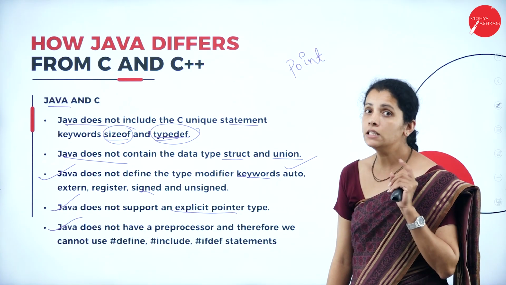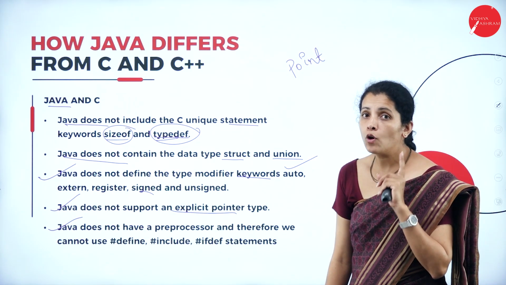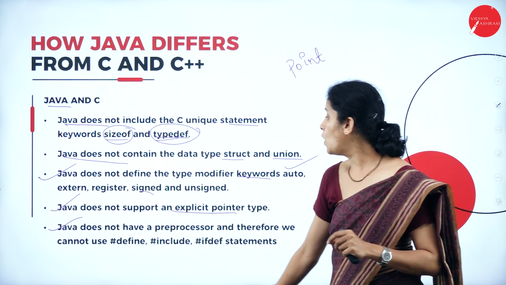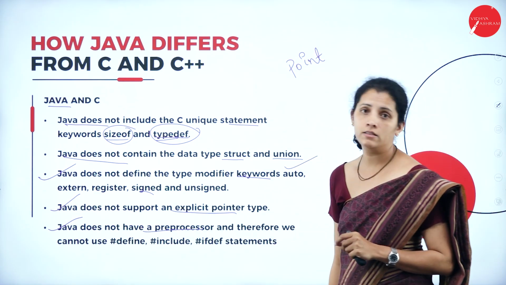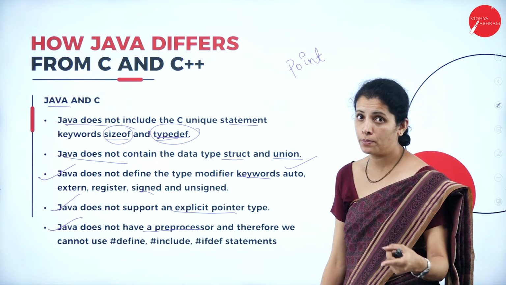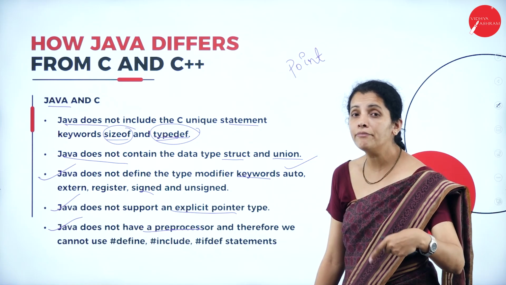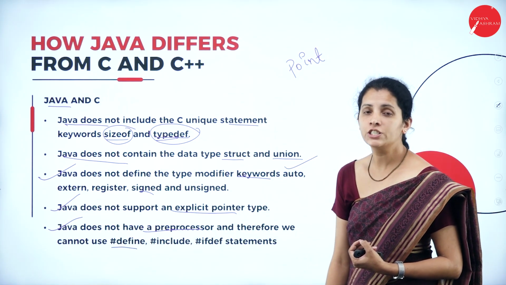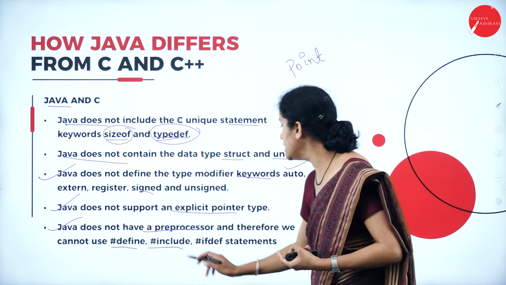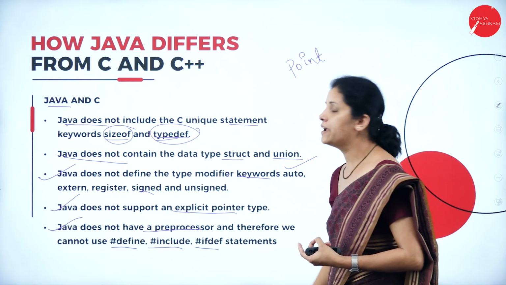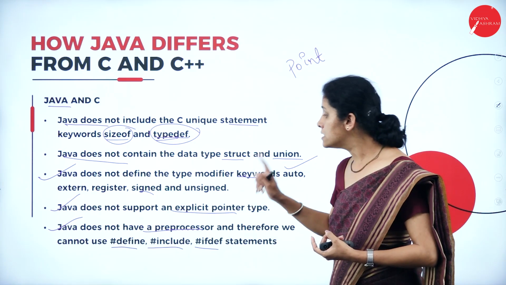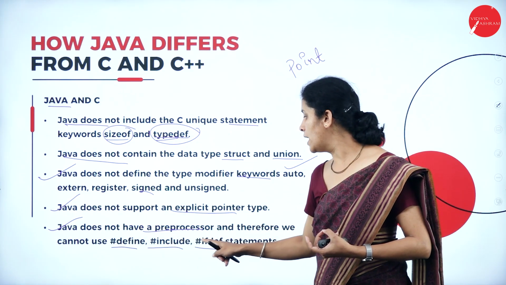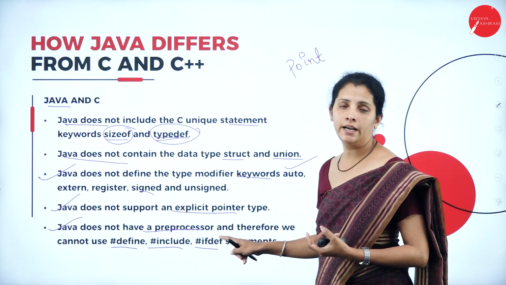Java does not have a preprocessor. When I say preprocessor, that is a predefined processor: hash define, hash include, hash ifdef. That means C supports hash define, hash include, hash ifdef.